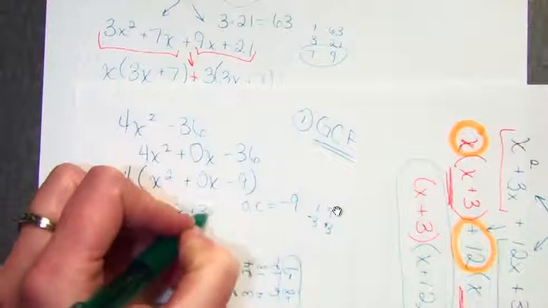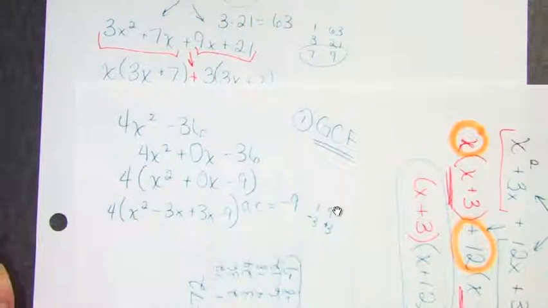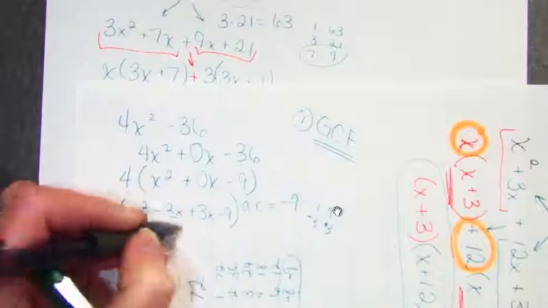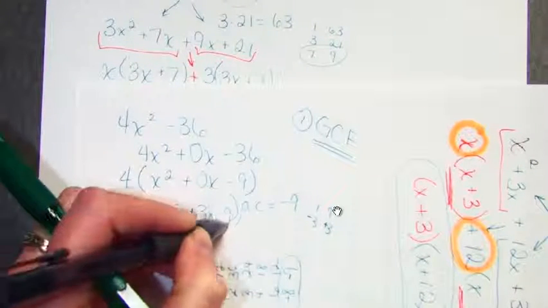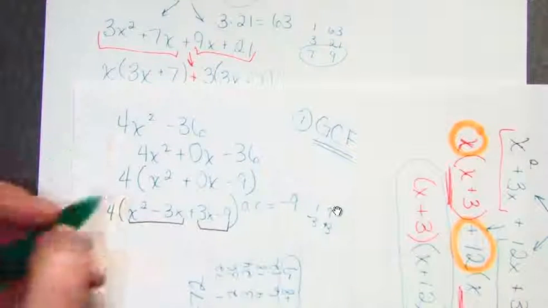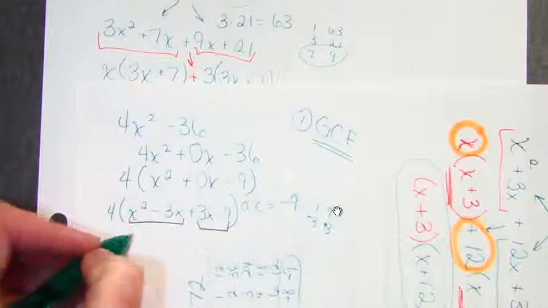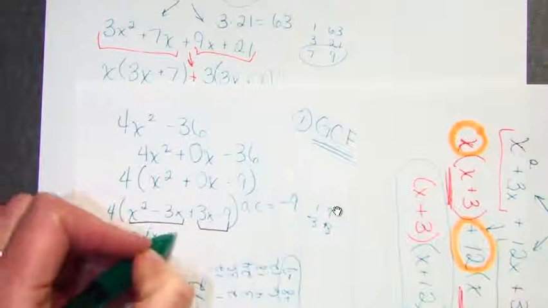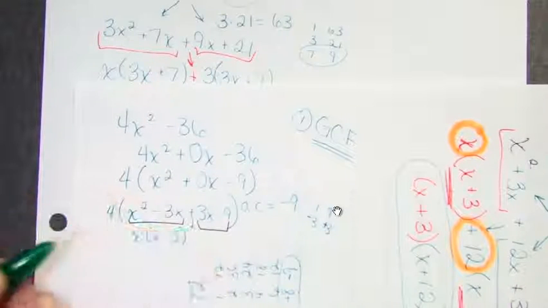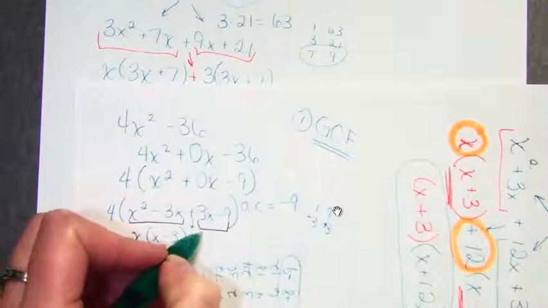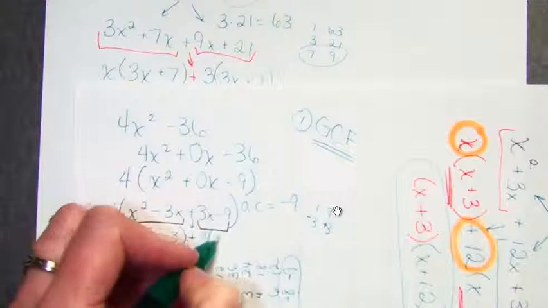-3x, +3x, -9. 2 by 2. These two have an x in common. Symbol drops right down. These two have a 3 in common.